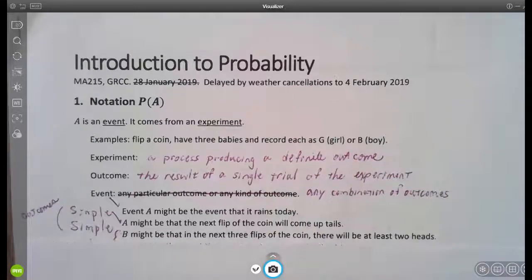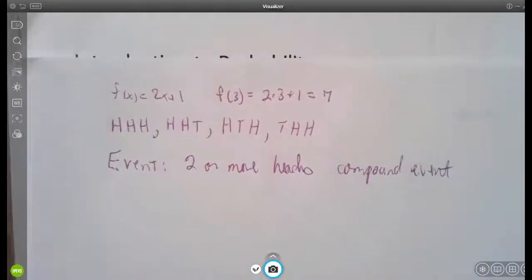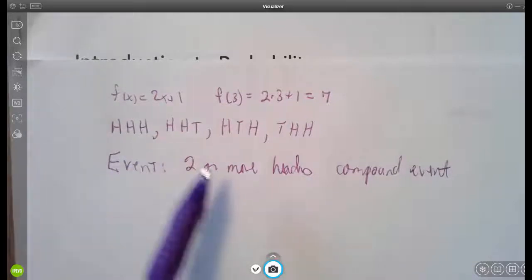Now, by contrast, suppose that the event B is that the next 3 flips of a coin will have at least 2 heads. Now, this is not a simple outcome. It is a valid event, but it's not a simple outcome, and here's why. If we were to flip the coin 3 times, well, here's what could happen. We could get 3 heads, we could get a tail and 2 heads.